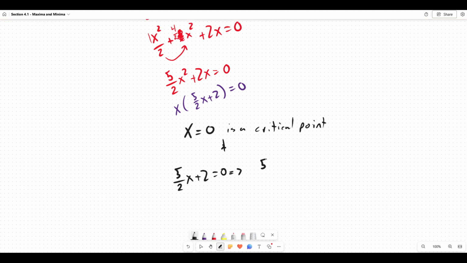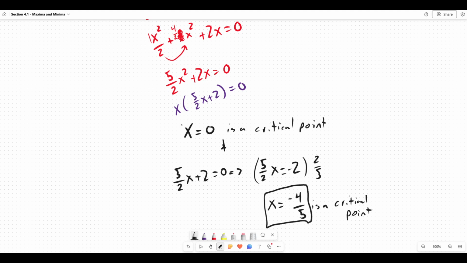Move over, 5/2 x equals negative 2. I'm just subtracting over the 2, and then we'll multiply by 2/5. We get x equals negative 4/5 is a critical point. So we got two critical points, x equals 0 and x equals negative 4/5.